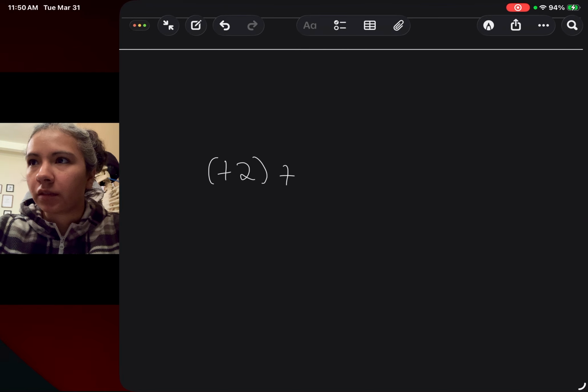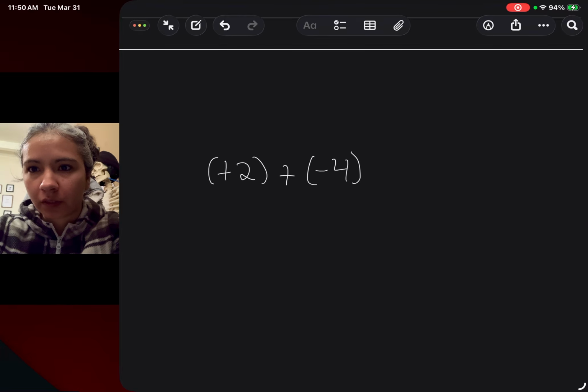So let's go ahead and do some examples on the number line. Let's do positive 2 plus minus 4.